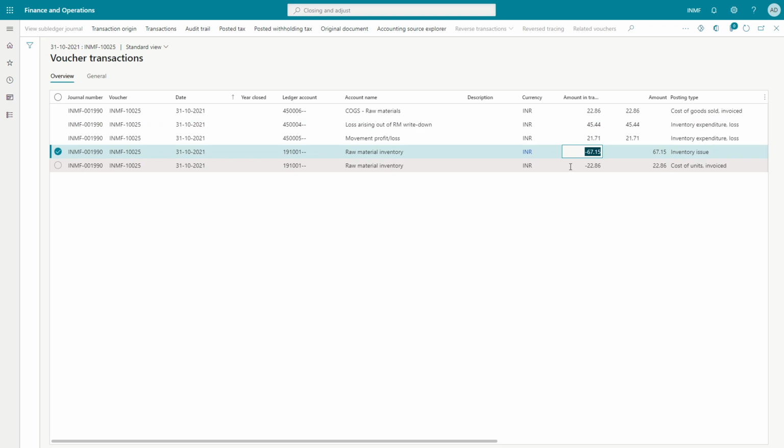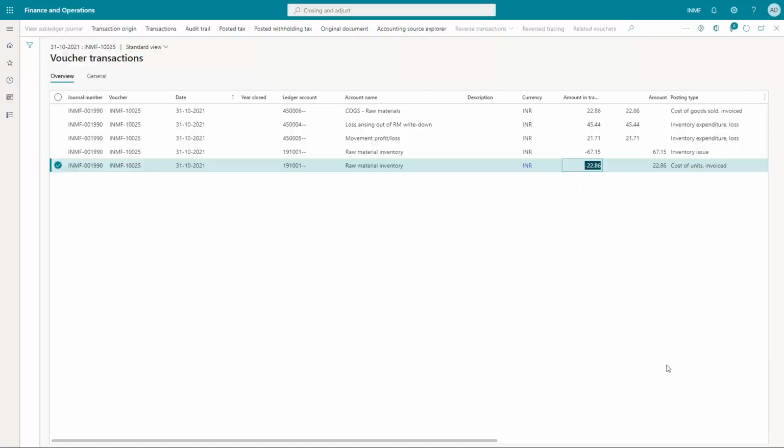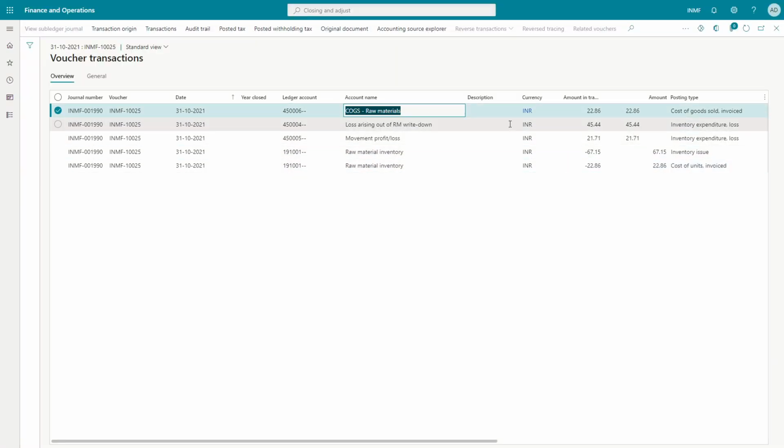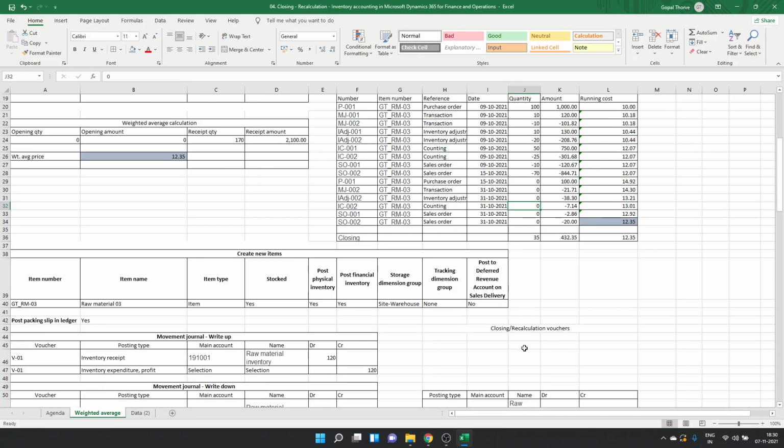And last but not the least is my inventory issued on behalf of sales. So that is this 22.86, and the COGS is getting increased by that much amount. So this is what happened in the accounting voucher. Let's see here.